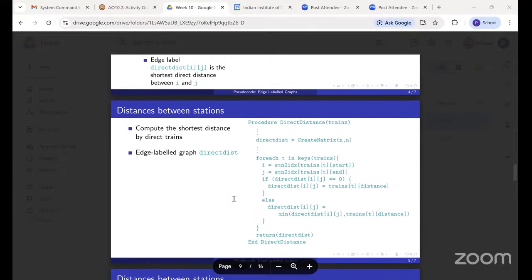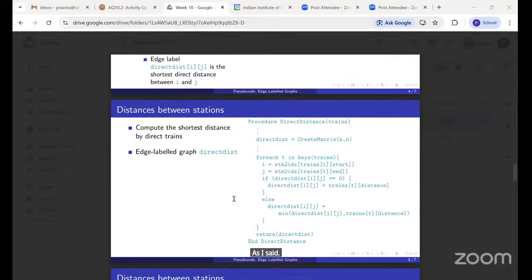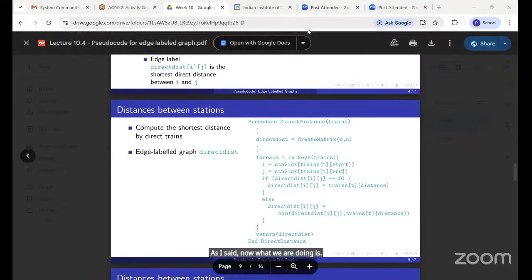As I said, now what we are doing is storing the distance through the edge. So generally how did we used to initialize? We used to initialize direct of ij equal to 1 if there is a direct connection between station I and j.